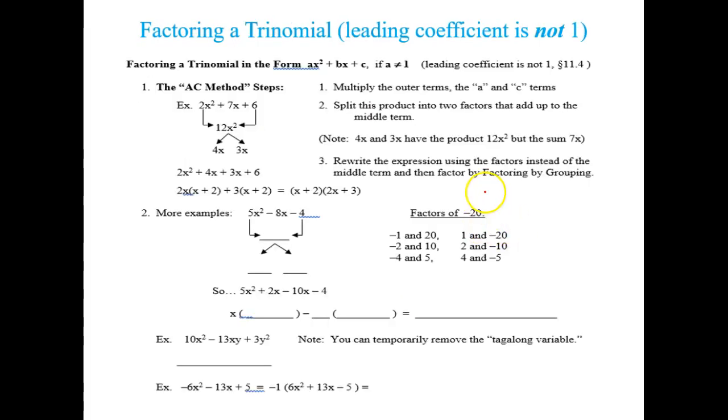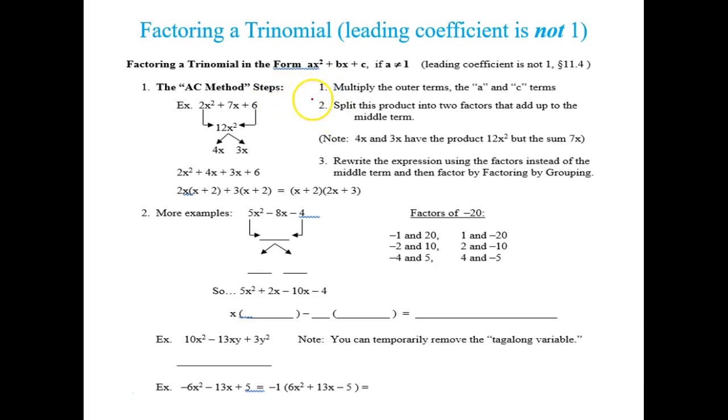So now we're going to look at factoring a trinomial where the leading coefficient is not a 1. So this would be a polynomial such as this right here, 2x squared plus 7x plus 6, for example. And what we want to do here is use what's called the AC method.